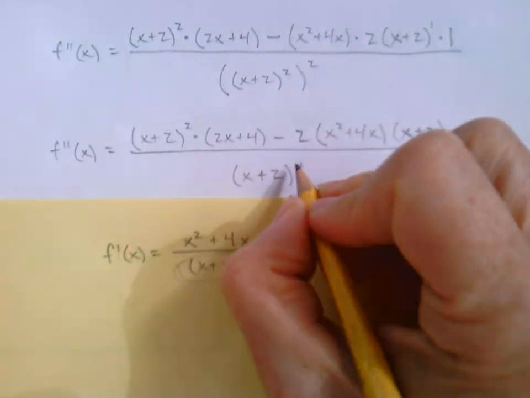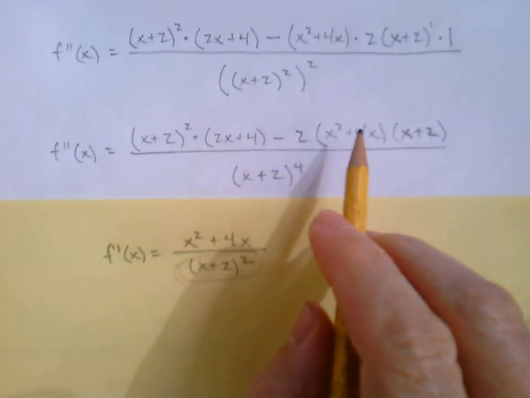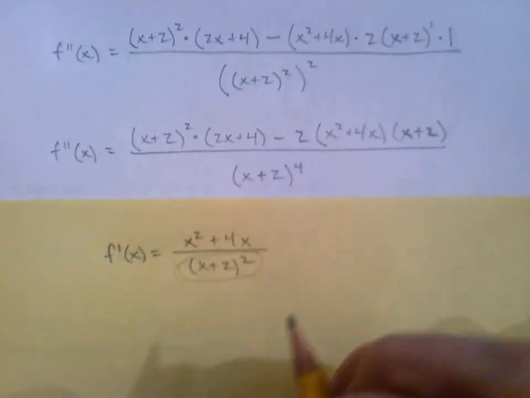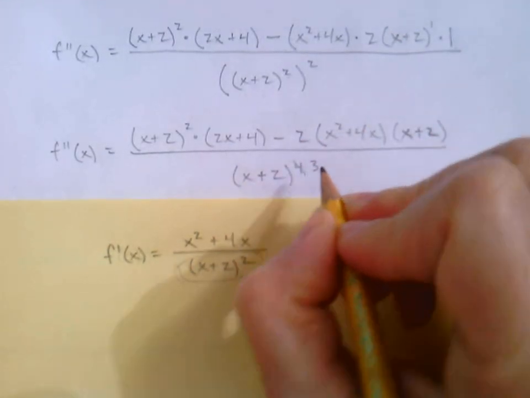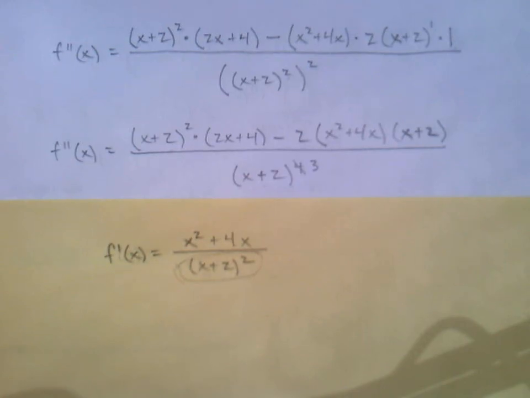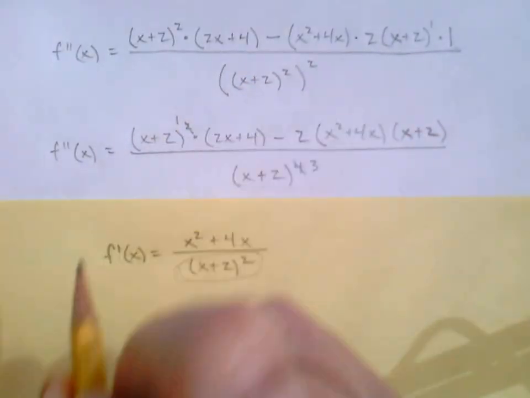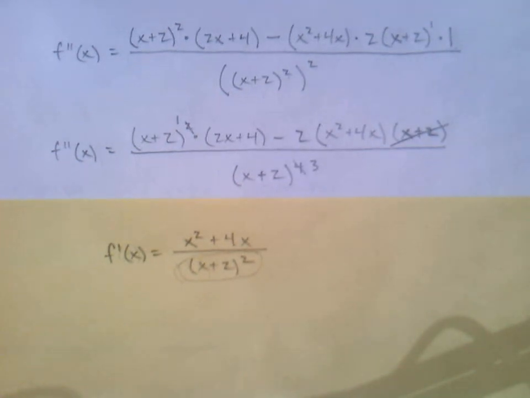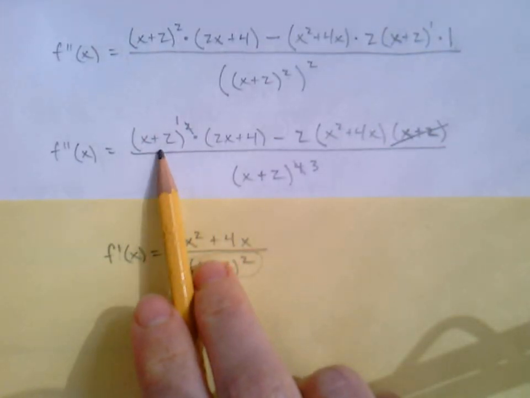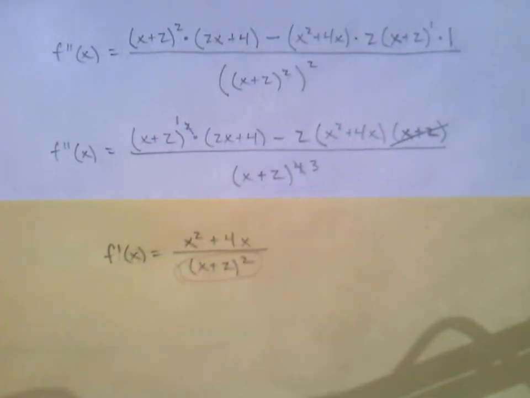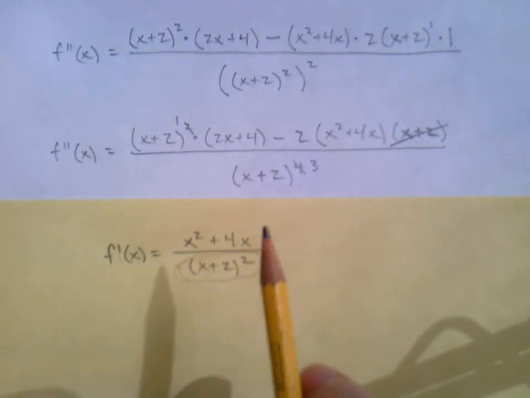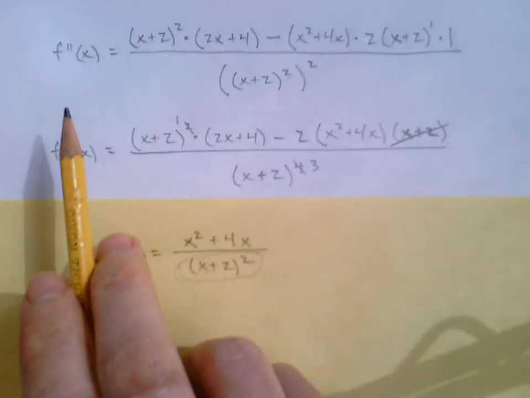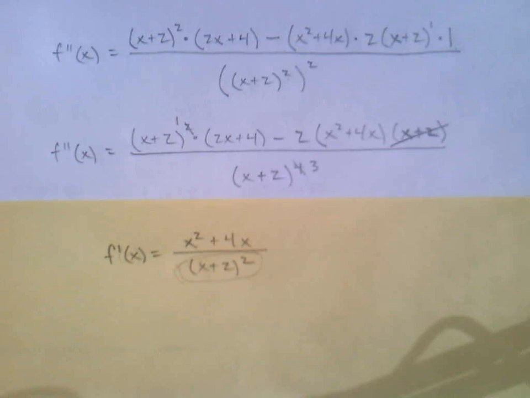So I'm going to cancel an x plus 2 from each of my 3 parts. So this is going to drop to a third power. And that's going to cancel one of these. And that's going to cancel this whole thing. So I canceled an x plus 2 from each of my 3 parts. It's almost like I factored it out of the numerator and then reduced it here.